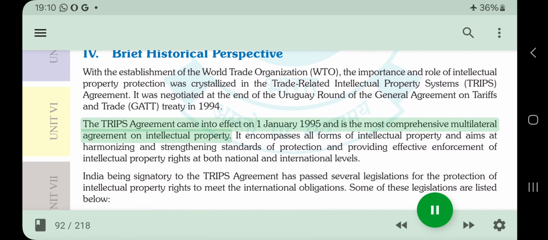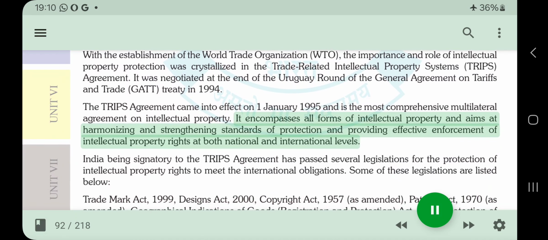The TRIPS agreement came into effect on the 1st of January 1995 and is the most comprehensive multilateral agreement on intellectual property. It encompasses all forms of intellectual property and aims at harmonizing and strengthening standards of protection and providing effective enforcement of intellectual property rights at both national and international levels.